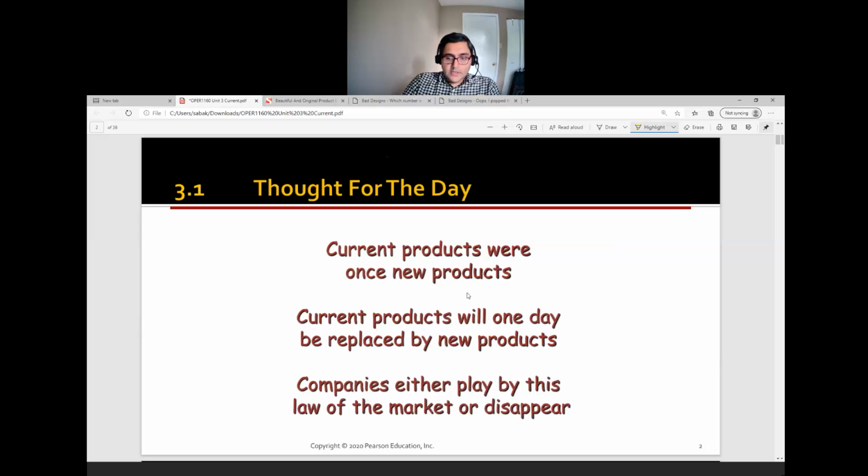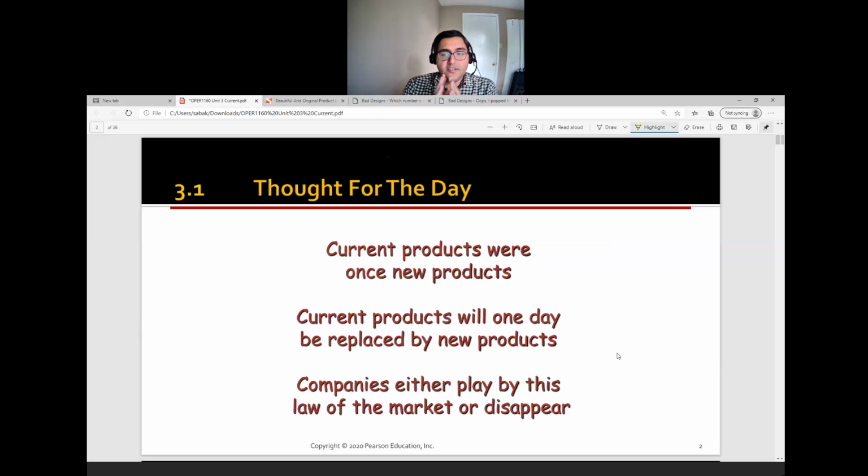So to start with, the first thing to remember is the current products which we see were once new products. The current products will one day be replaced by new products. Companies either play by this law of market or disappear.